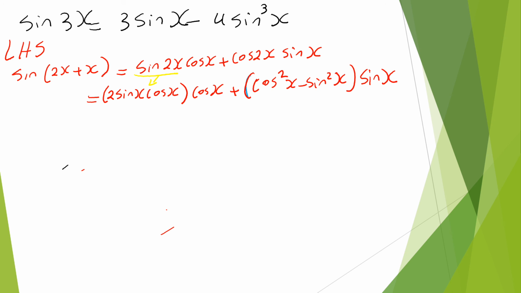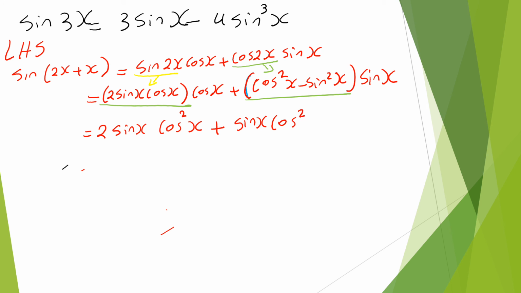Now I'll start expanding. So that's the same as this. Now I'll start expanding, so I'll end up with 2 sine x cosine square x plus, expand this, you've got sine x cosine square x minus sine cubed x.